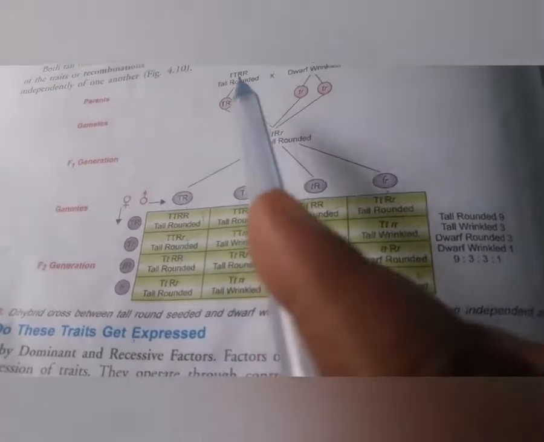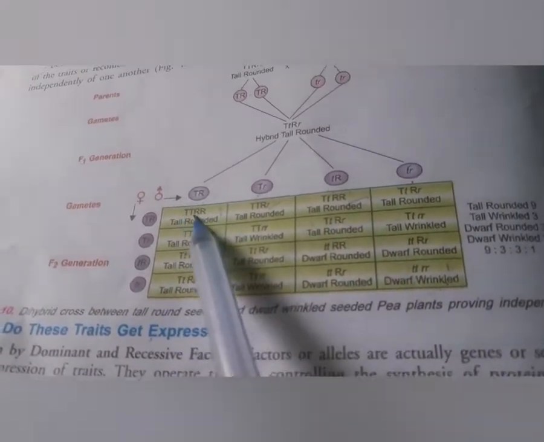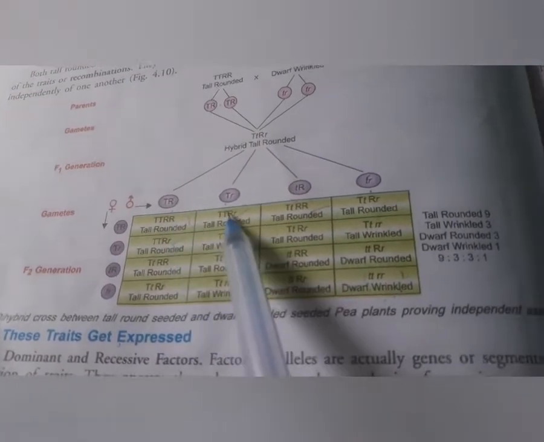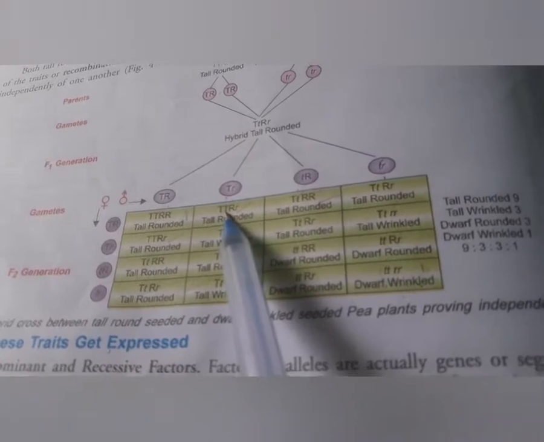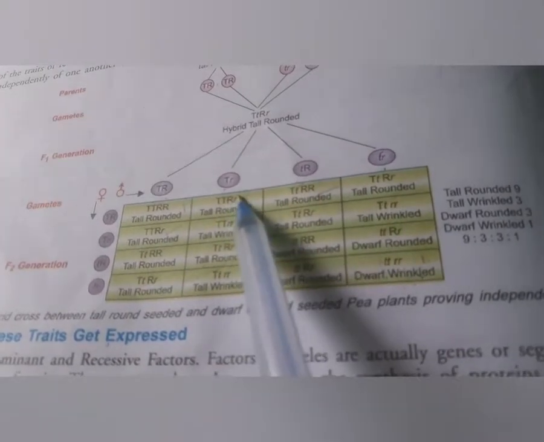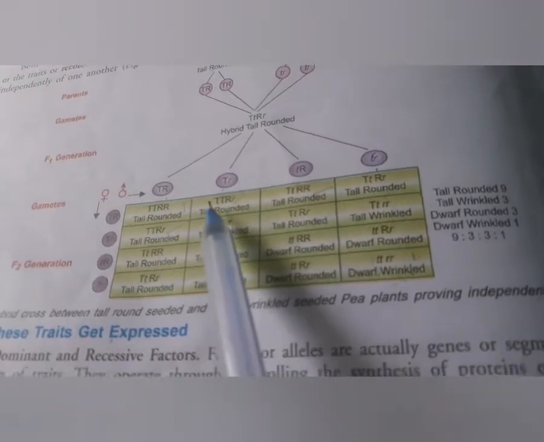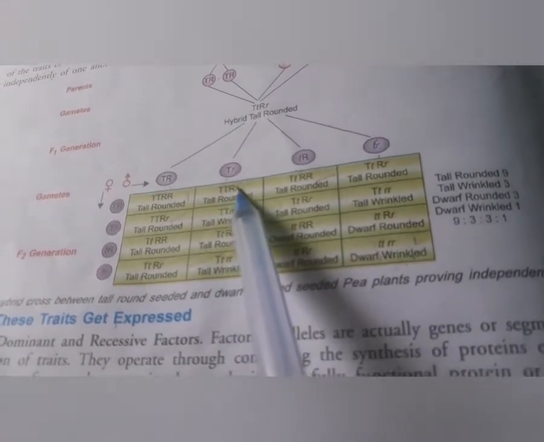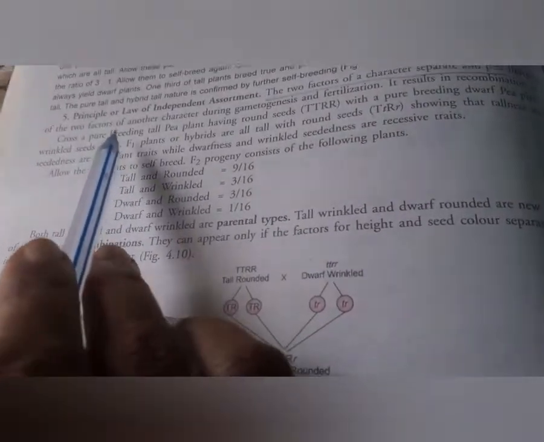Here you can see that the original plant is TTRR. Now here you can see capital TT, but here one R is the recessive one, so it is independent to assort with the another character. Okay, this is a very important law.